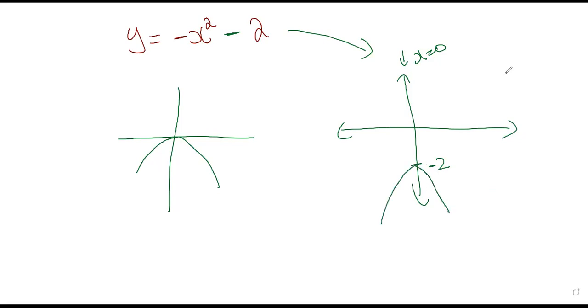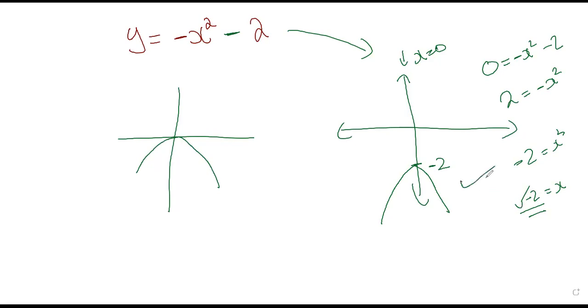Let's double check it by finding y equals minus x squared minus 2. It would be 2 equals minus x squared, so minus 2 equals x squared. And now when we have to find the square root of minus 2, we know that it is a complex number and it cannot be dealt with in the real plane, right? So this is basically a double check of our graph. So do you understand? Did you understand this?